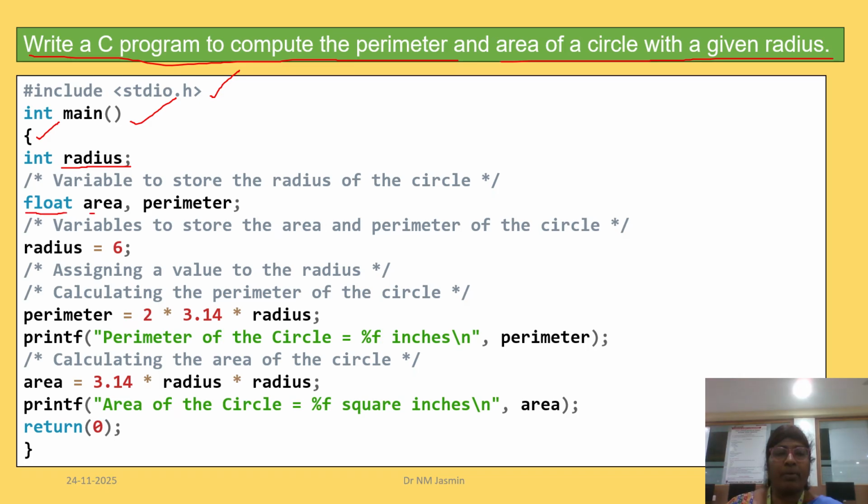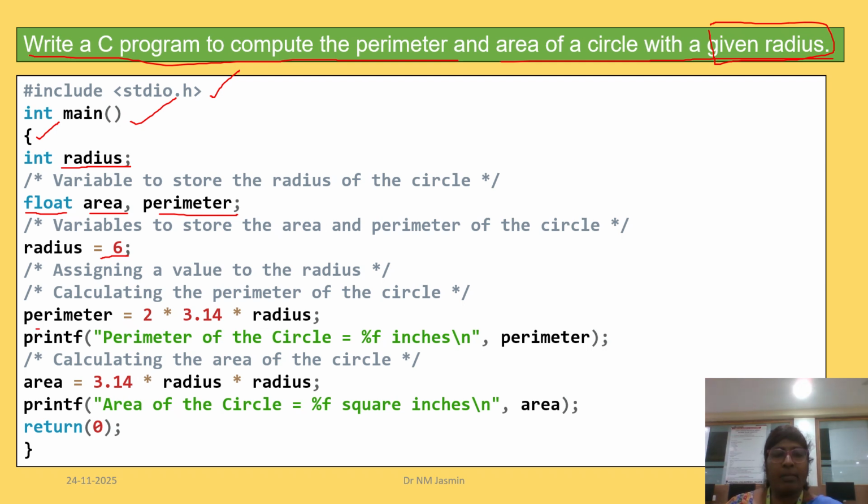Float is a data type. Area must be in float, perimeter is also in float, which is in decimal form. The radius is 6. We have taken radius as 6 here because the radius given here is 6.